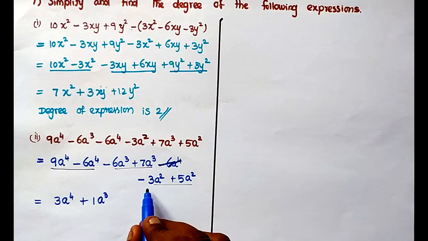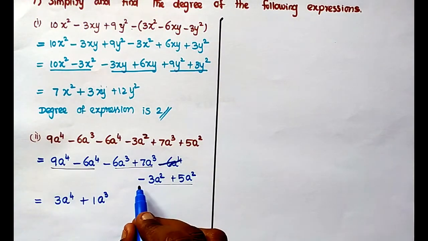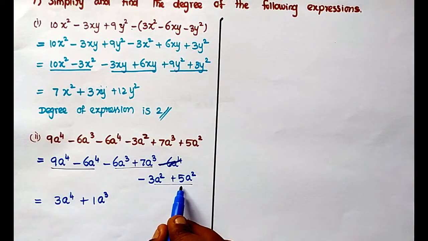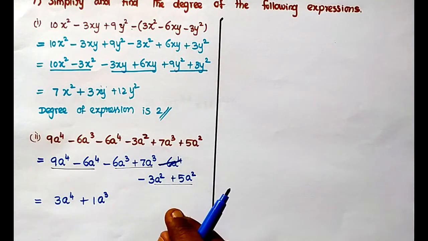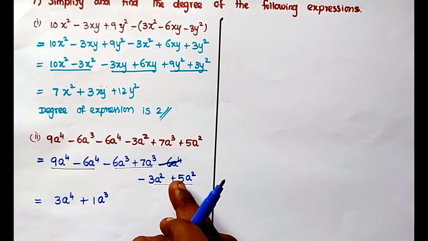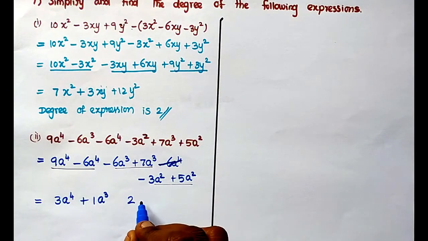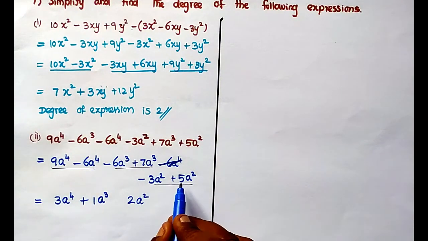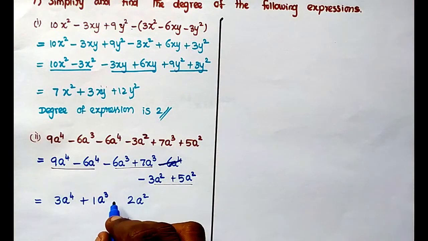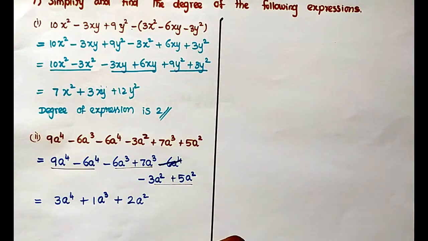And here a squared terms, minus plus, different sign, so we have to subtract that. What is the difference? 3 and 5, 2 is the difference. Which term? A squared term. Which one is greater here? Plus 5, so that sign we have to put here.